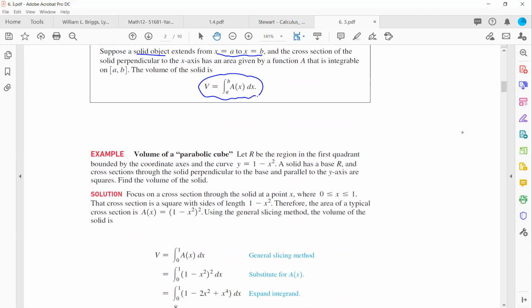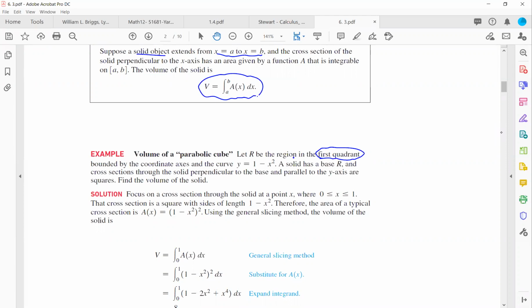Volume of a parabolic cube. So suppose R is the region in the first quadrant. It's bounded by the coordinate axes and the curve y equals 1 minus x squared.